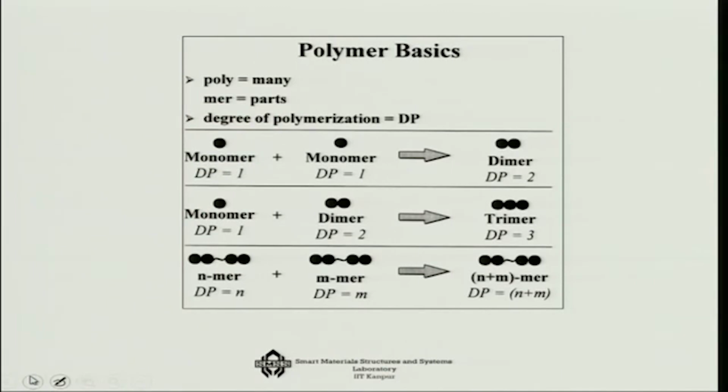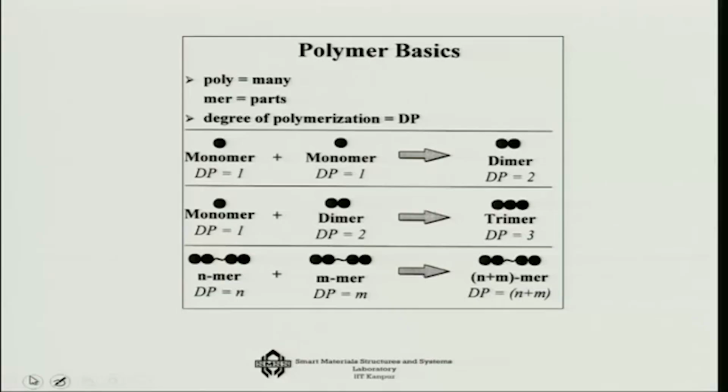Now the word polymer has that Greek part in it, where poly means many and mer means part. So that means whatever polymers you see, it is essentially made of many individual parts. Each one of these individual parts is actually called a monomer, a single part.